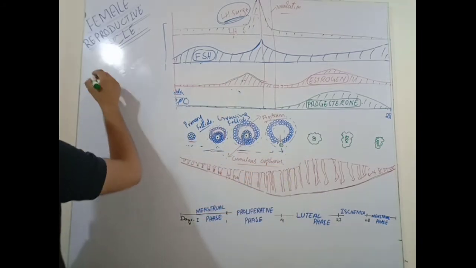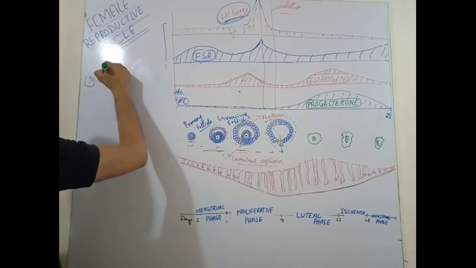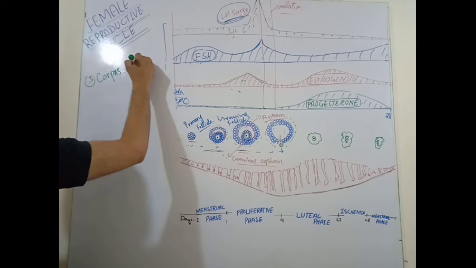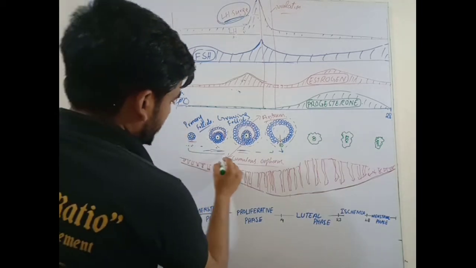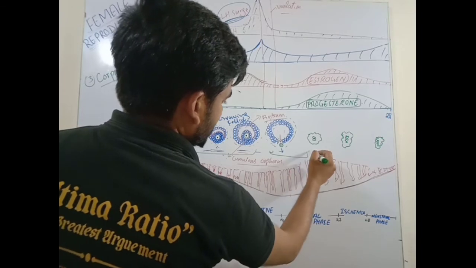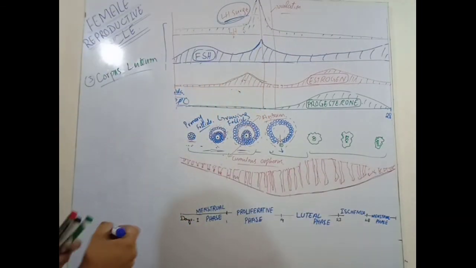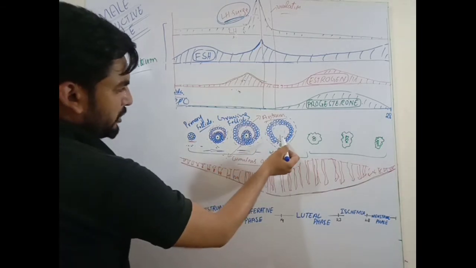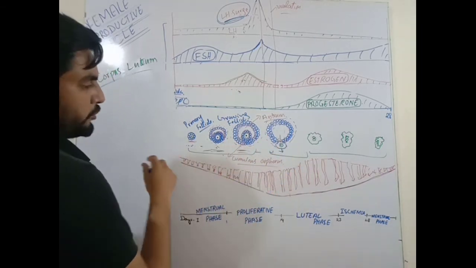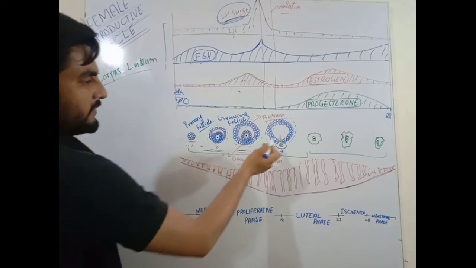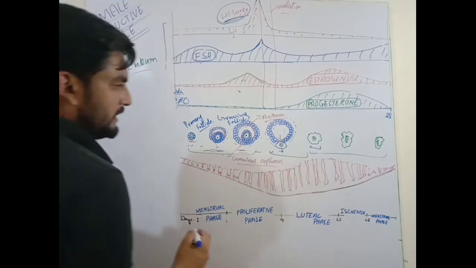The third phase of the ovarian cycle is the formation of the corpus luteum. You can see here, these were the follicular phase and the ovulatory phase. This is the corpus luteum formation. When the secondary oocyte is ovulated and moves into the uterine tubes and then into the uterus, the remaining structure from the theca folliculi forms a glandular structure.